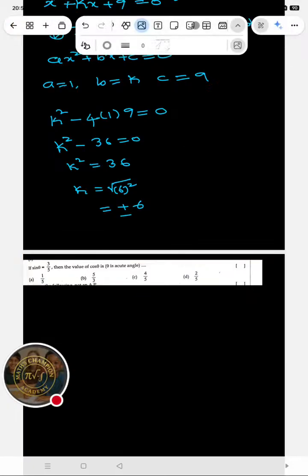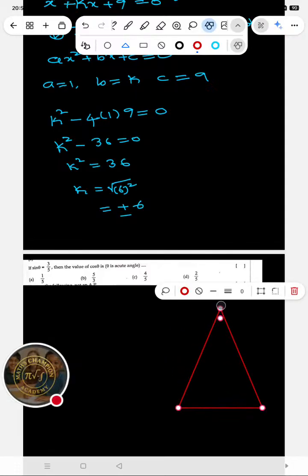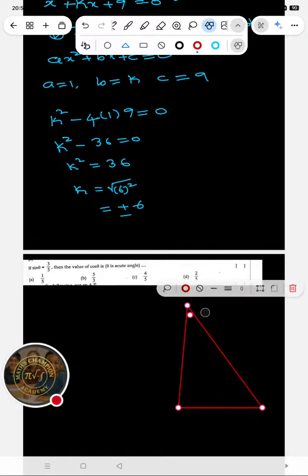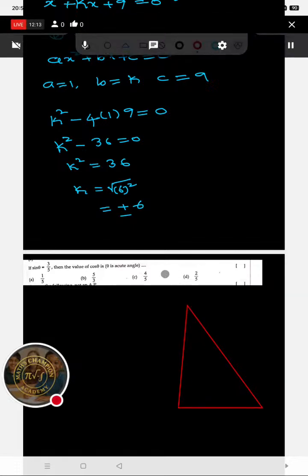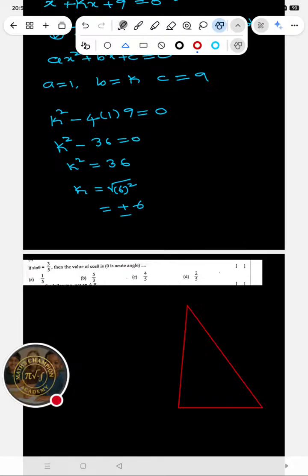If you take a right angle triangle with vertices A, B, C, and theta is at angle C, sin theta is nothing but opposite by hypotenuse.